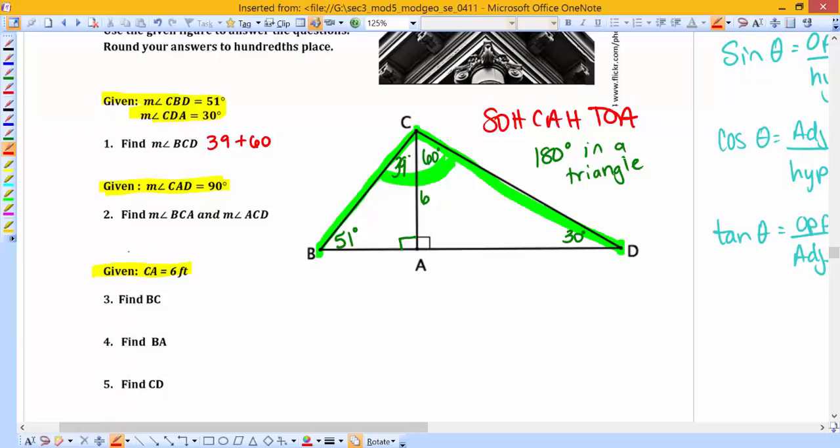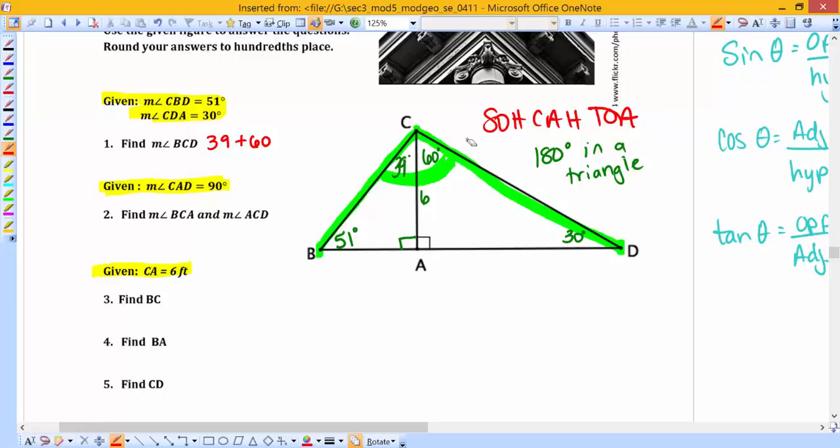In number 2, you're going to find 2 other angle measures, BCA and ACD. I'm not going to find those for you. You should be able to find those relatively simply. Just trace from B to C to A, and that means you're going to find that angle. And then from A to C to D, and you find that angle.